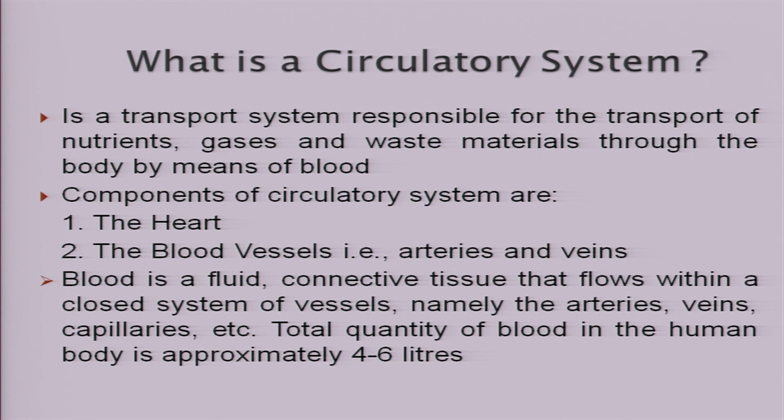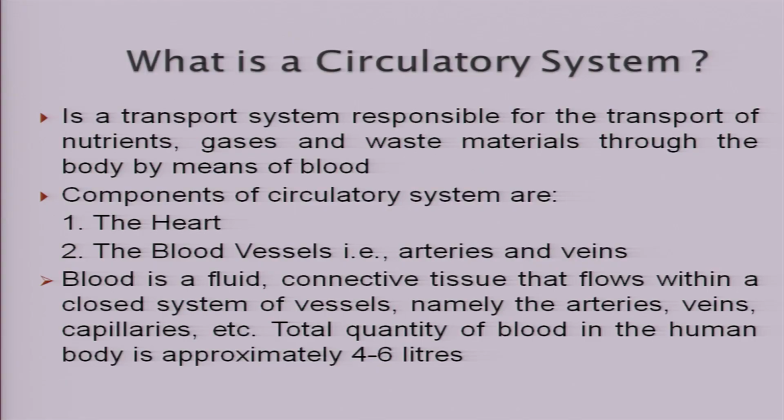So, blood is the vehicle by which various nutrients, gases, and waste materials are taken out from each and every cell, tissue, organ of our body, and oxygen and carbon dioxide gases are also exchanged.